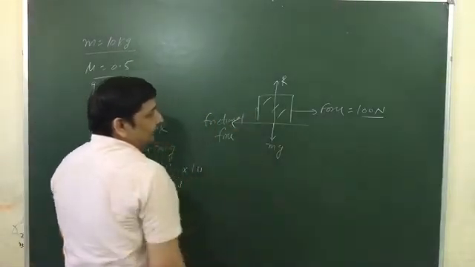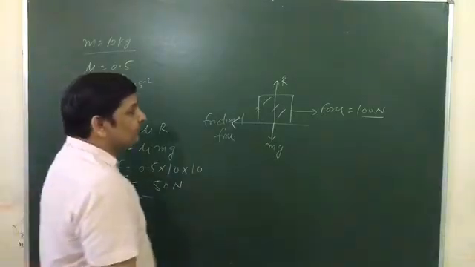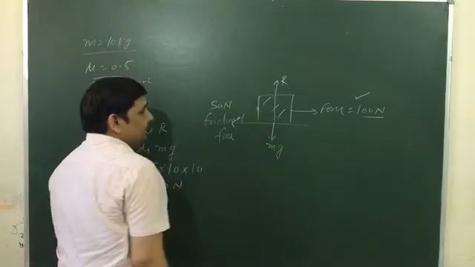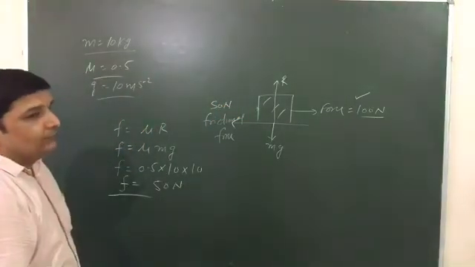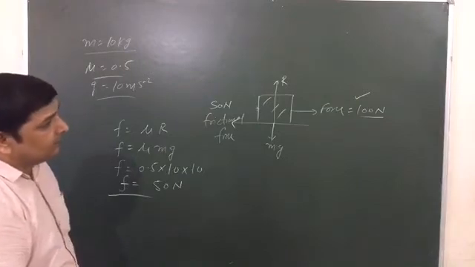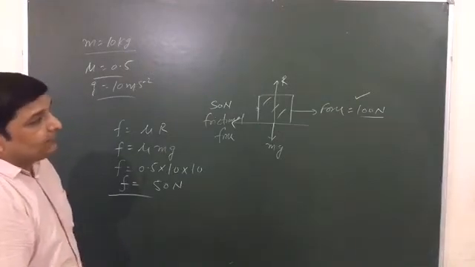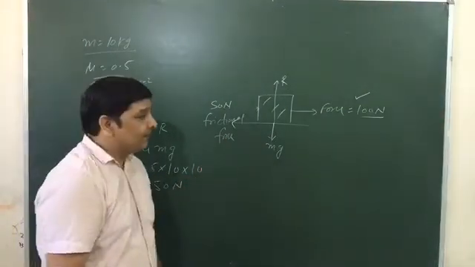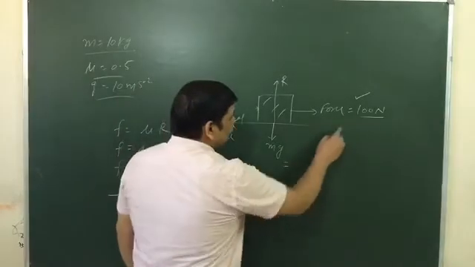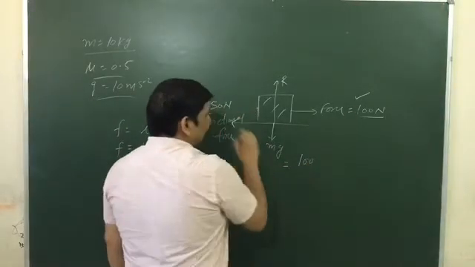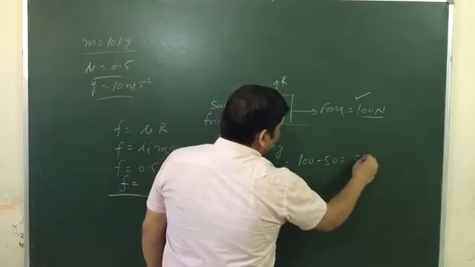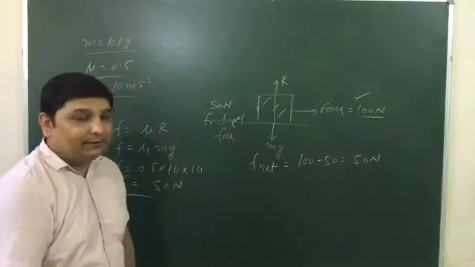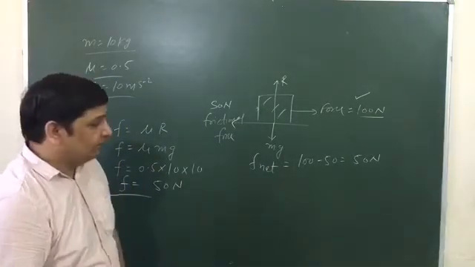On this body, there are two forces in the horizontal direction, 100 Newton, and in the opposite direction, 50 Newton. Net force in the horizontal direction is given by applied force 100 minus frictional force 50. Therefore, net force on the body will be equal to 50 Newton.